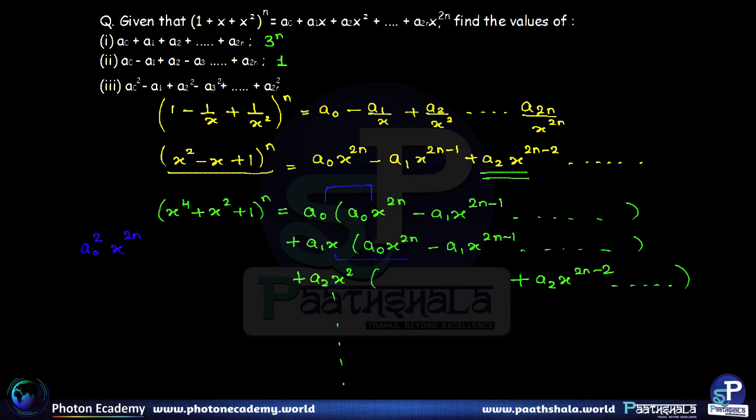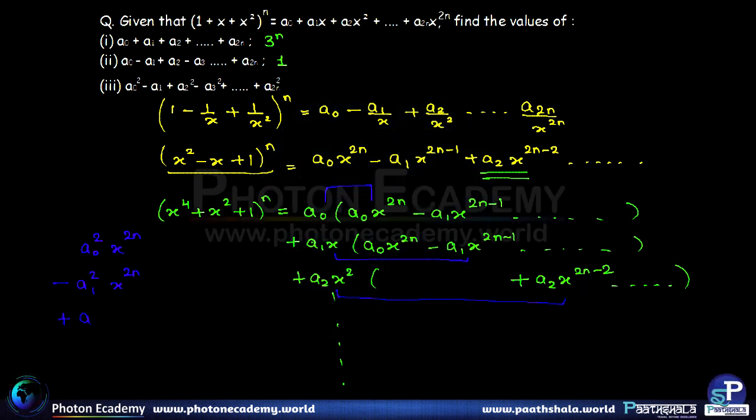Multiplying this into this, that will become minus a1 square x raised to 2n. Then this into this will become plus a2 square x raised to 2n, and it will go on.